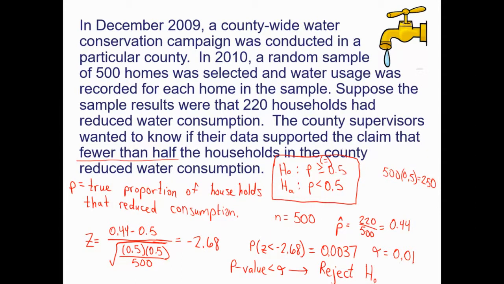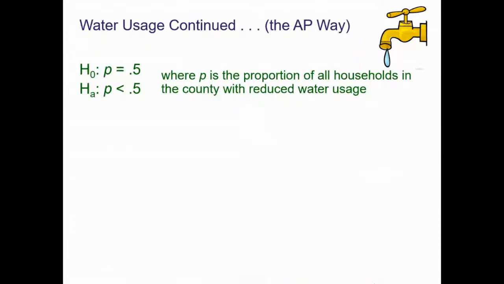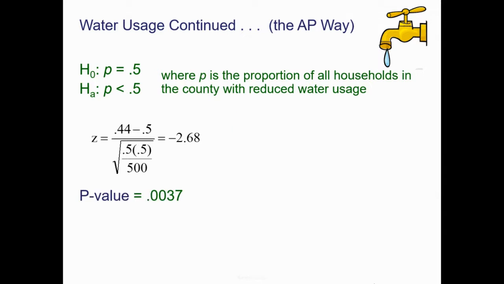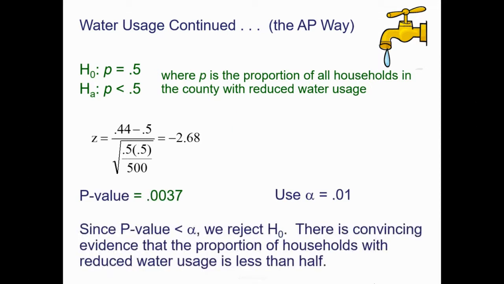Okay, I'm going to go to the next slide that formalizes everything that we just did here. Like I said, it's just formalizing what we said on the previous slide. So since we reject H naught, that means there is convincing evidence that the proportion of households with reduced water usage is less than half.